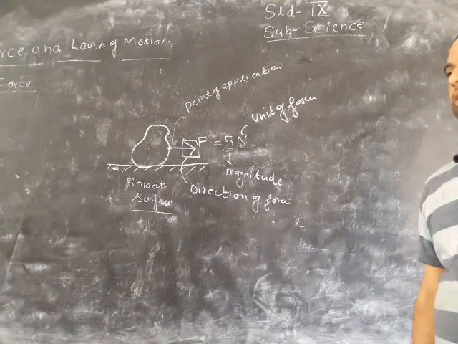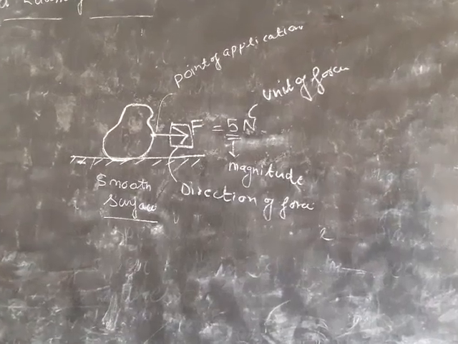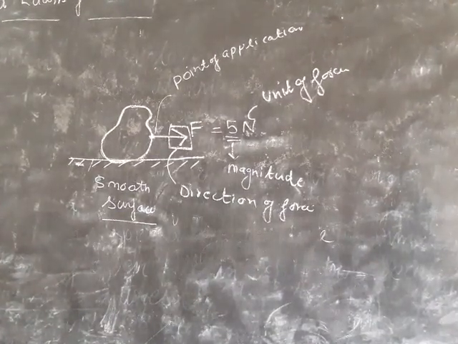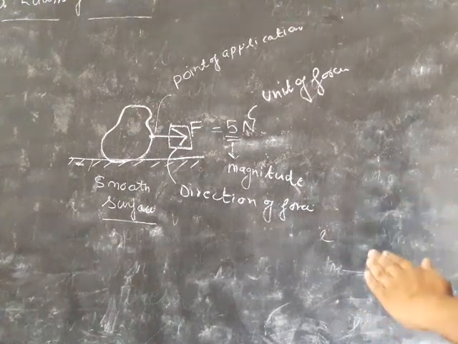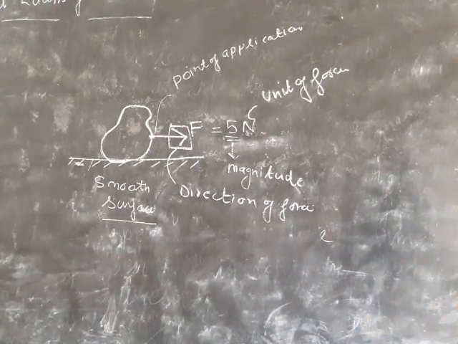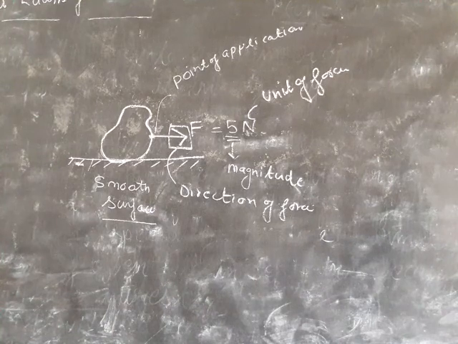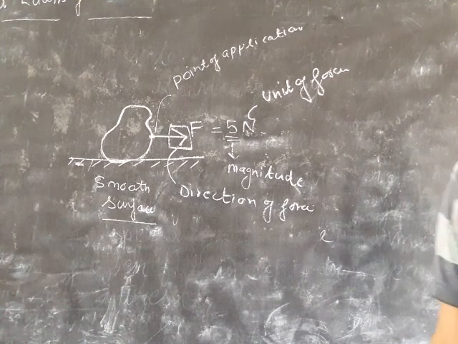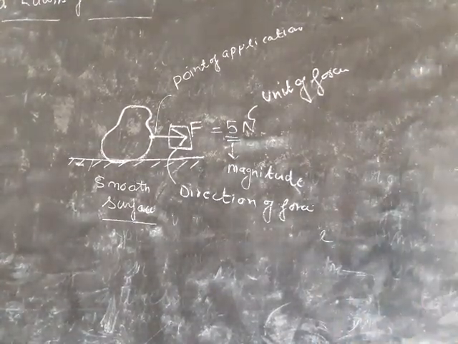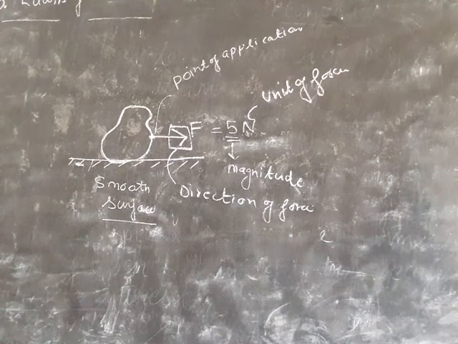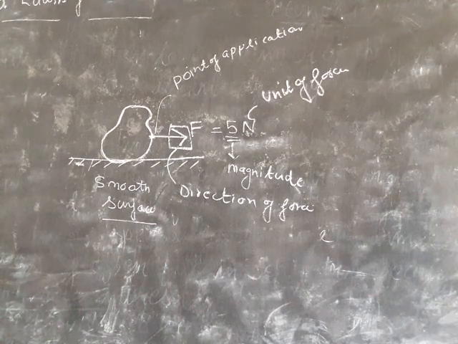We will study this force in the next classes, but here we only discuss the basic forces, because in the class 9 syllabus all the surfaces are perfectly smooth. Rough surfaces are not included in the systems.